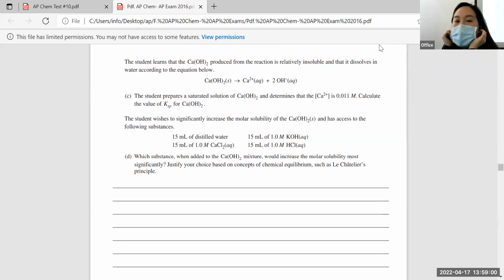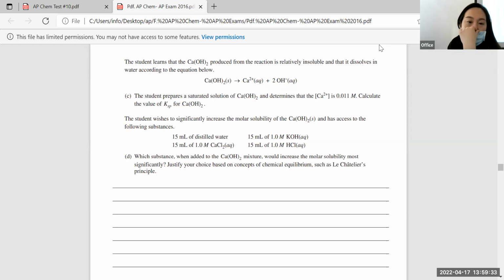The student wishes to significantly increase the molar solubility of the calcium hydroxide and has access to the following substances: 15 milliliters distilled water, 15 milliliters of 1 molar calcium chloride, 50 milliliters 1 molar potassium hydroxide, 50 milliliters of 1 molar hydrochloric acid. Which substance, when added to the calcium hydroxide mixture, would increase the molar solubility most significantly? Justify your choice based on concepts of chemical equilibrium, such as Le Chatelier's principle.